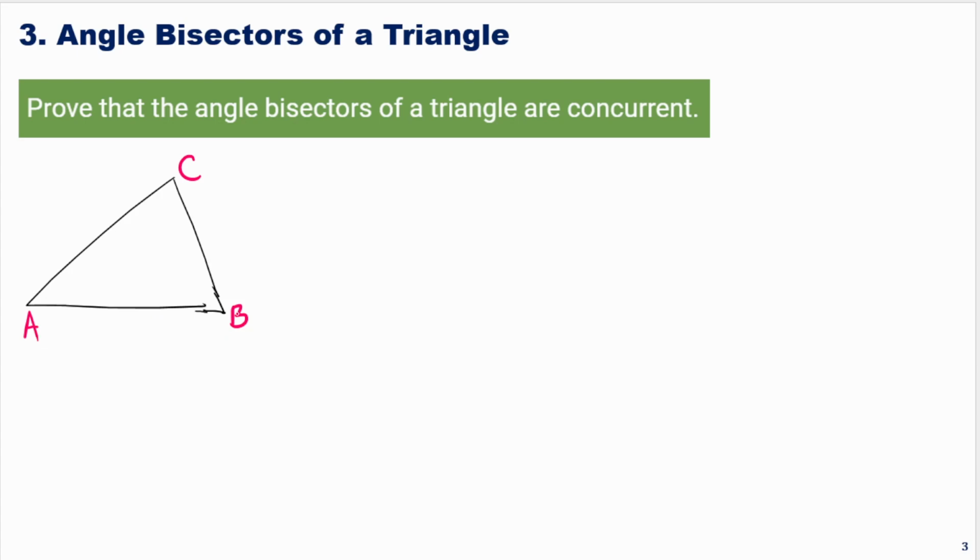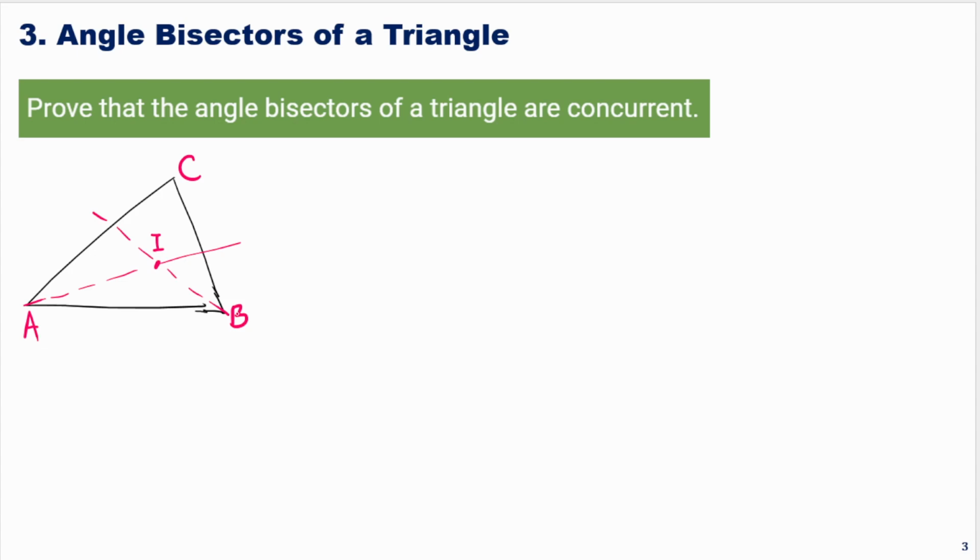We can consider the intersection of two of our angle bisectors, point I in the diagram. This is one angle bisector. This is another angle bisector. This is a point of intersection. Let's call it I. It's equidistant from AC and AB. Since it's on the angle bisector of angle B, it's equidistant from AB and BC as well, right?